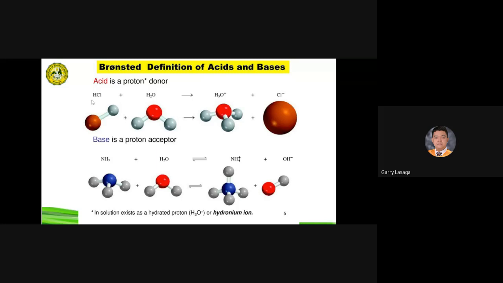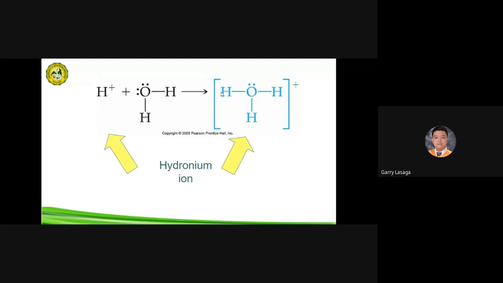So because it donates a proton, yung kanyang proton ngayon ay malilipat dito sa ating water. So pag mag-accept yung water ng hydrogen ion, this will form a hydronium ion. So this is also another illustration of our hydronium ion. So our proton here comes from our acid. It will attach to our water to form hydronium ion.